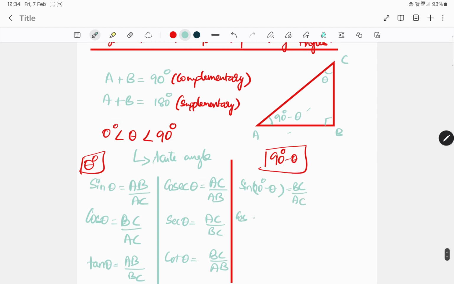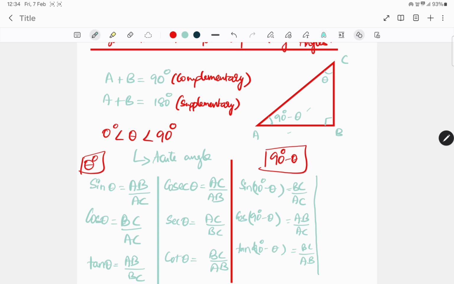Then cos 90 degrees minus theta: AB is the adjacent side, so AB by AC. Then tan 90 degrees minus theta will be BC by AB, right?